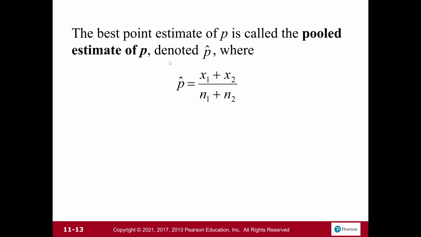The best point estimate of p would be called the pooled estimate of p. We would use that p hat there, and it would be the sum of all the successes or the characteristics of each sample divided by the sum of the two sample sizes.